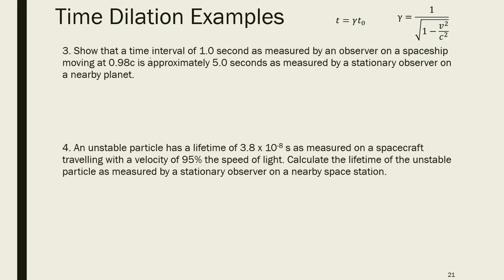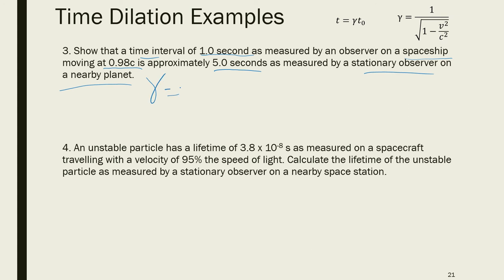Now, show that a time interval of 1 second, as measured by an observer on a spaceship moving at 98% the speed of light, is approximately 5 seconds as measured by a stationary observer on a nearby planet. So first, we need to calculate the Lorentz factor.